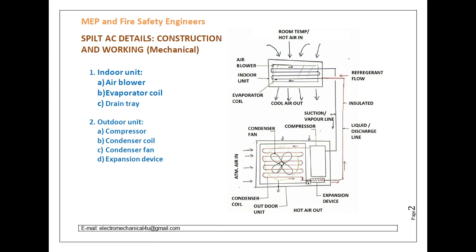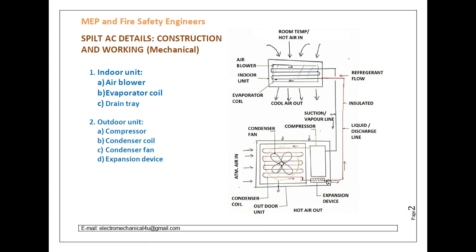Before the expansion device, you will get another device, that is the dryer, which filters the refrigerant and removes the moisture from it, and hence you get clean and moisture free refrigerant inside the expansion device and the full cycle. It is required because this is a closed loop system, so the same refrigerant will be circulating every time, so that is why the filter and dryer for the refrigerant is required.